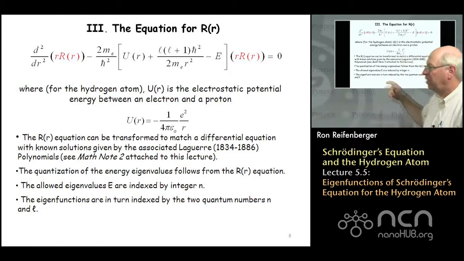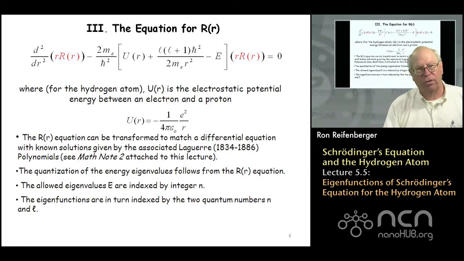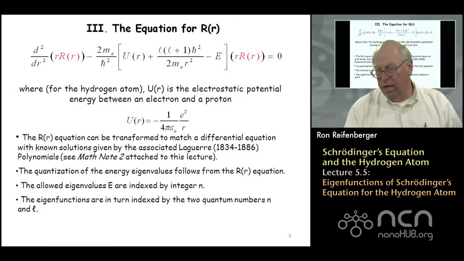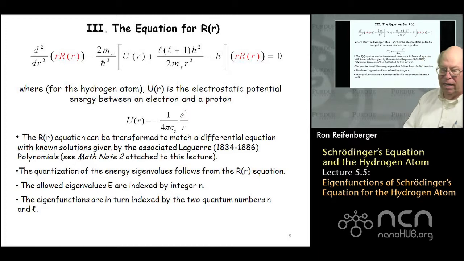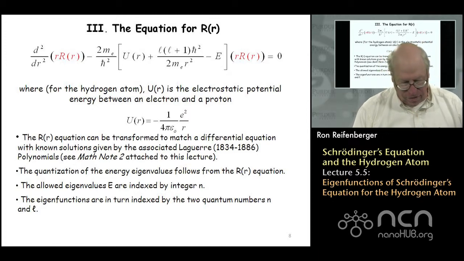These allowed energy eigenvalues are going to be indexed with a third quantum number, small n. This quantum number n is going to tell us what the various energy eigenvalues are for the radial differential equation.